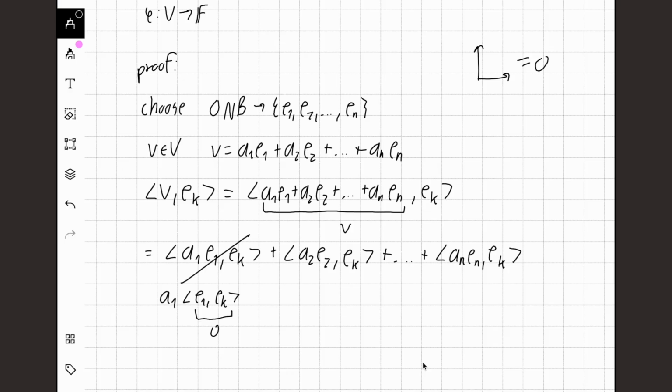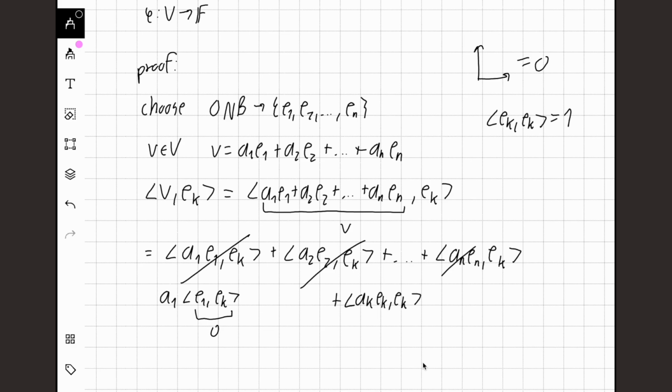The only time the inner product of two orthonormal basis vectors does not equal 0 is when they're equal. When we have the inner product of ek with ek, it's going to result in 1. That is a property of the orthonormal basis. So all of these terms are going to be 0, and the only term that won't be 0 is ak ek times ek.